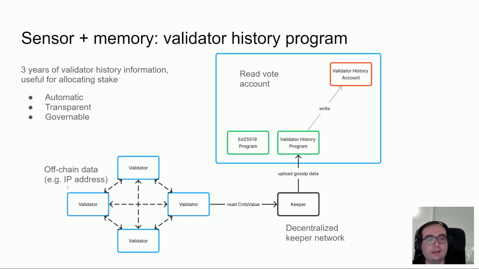And this is something like IP address or any way to know, for instance, where the node is located, if it's using a specific data center or not, because all this information will be then potentially very useful to distribute the stake in a way that helps with the decentralization, because you want to decentralize also geographically, also for a number of data centers. You don't want to rely on any single point of failure.